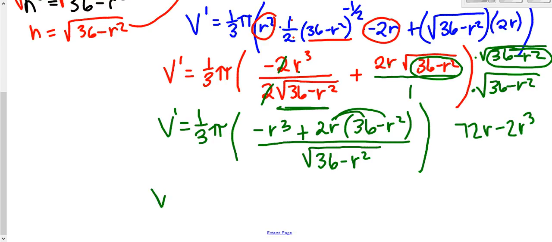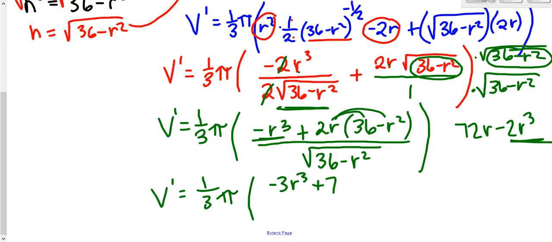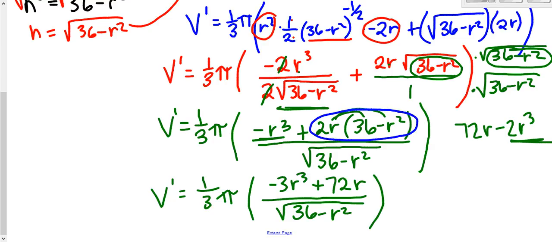So when I combine these, my derivative, it still has a number out front, times negative r cubed minus 2r cubed is negative 3r cubed plus 72r all over my denominator, the square root of 36 minus r squared. So what I did was combine like terms. This became this, and then I added them together and got this.